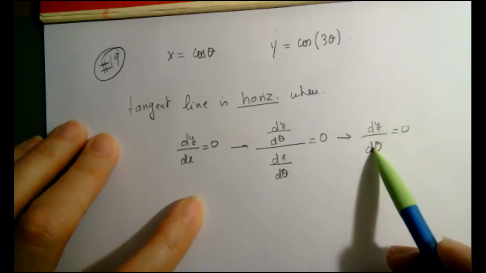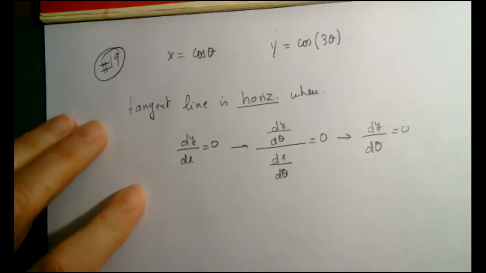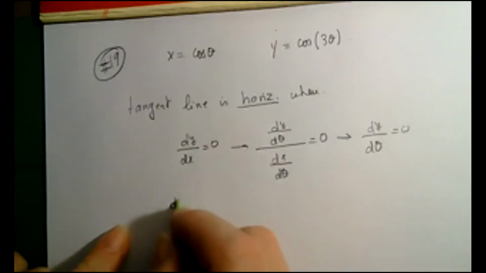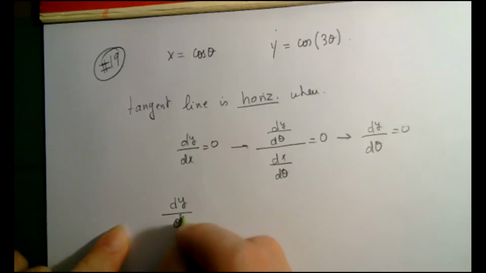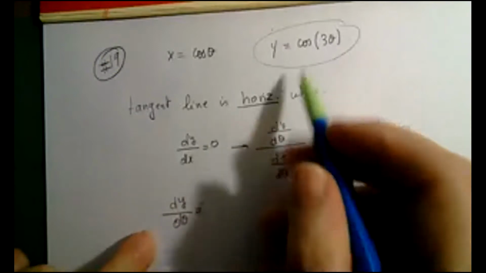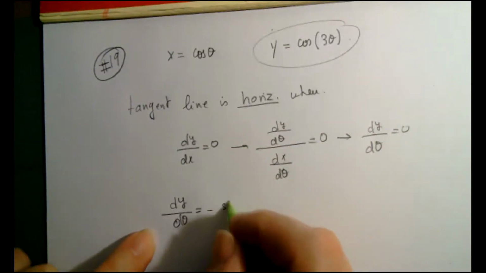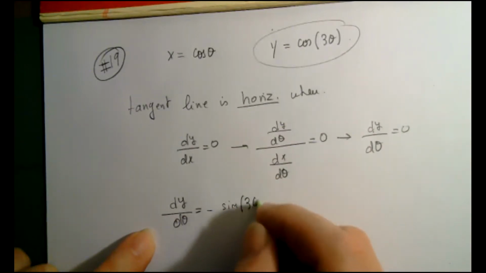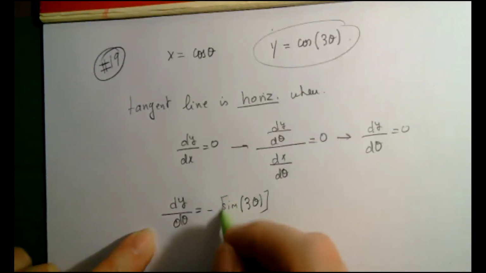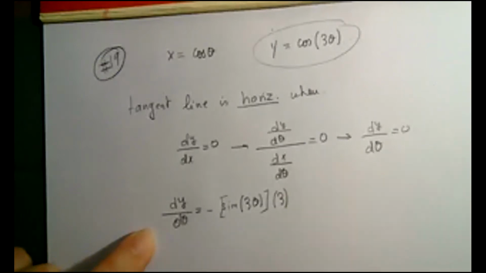It means delta y over delta theta equals 0. So now we just have to compute that. What's the derivative? dy/d theta, that's my y, the derivative of cosine is minus the sine of 3 theta times the derivative of what's inside, times 3.